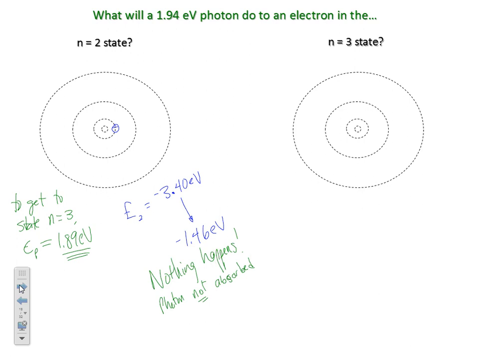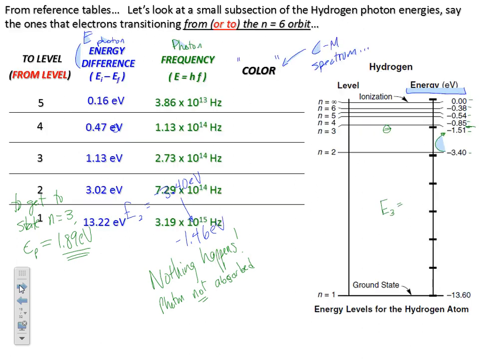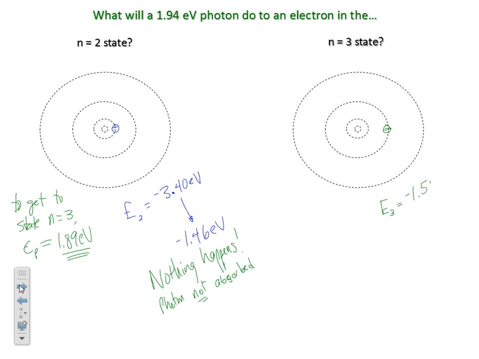Here's the exception to that. In the n equals 3 state, here's an electron. Now, energy of that third state, like we showed, is negative 1.51 EVs. Well, if we throw in that same 1.94 EV photon, that's actually enough to get this energy all the way to 0. Negative 1.51 plus 1.94, we get 0.43 EV.